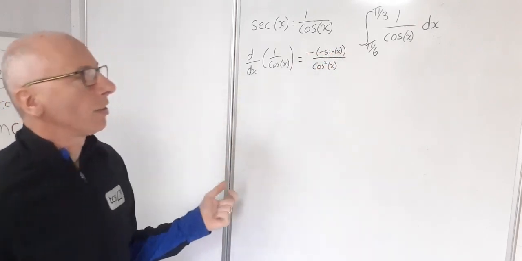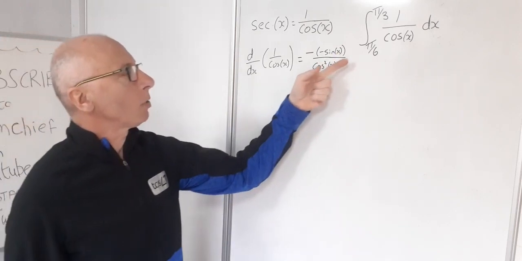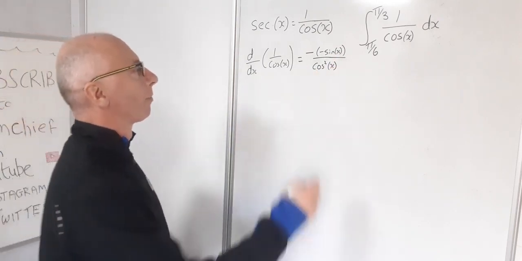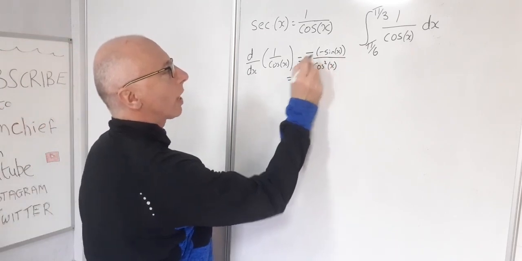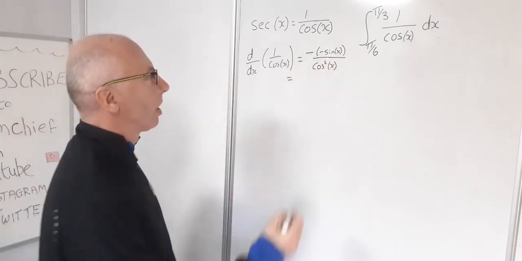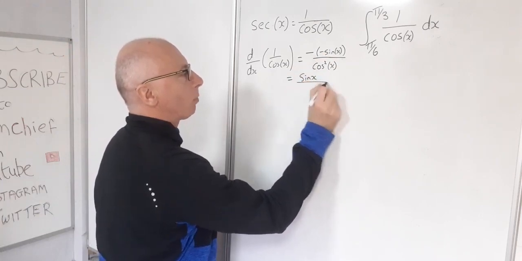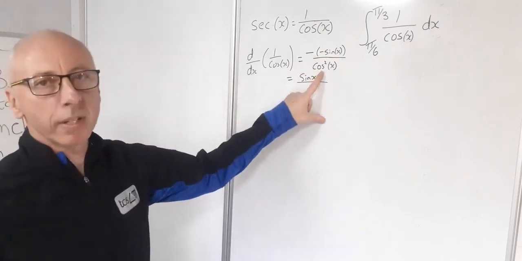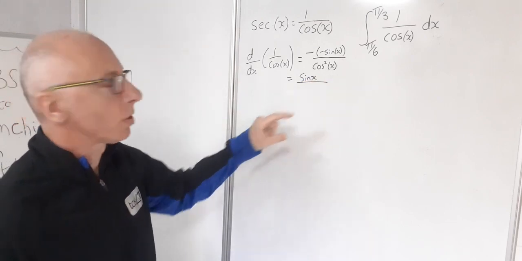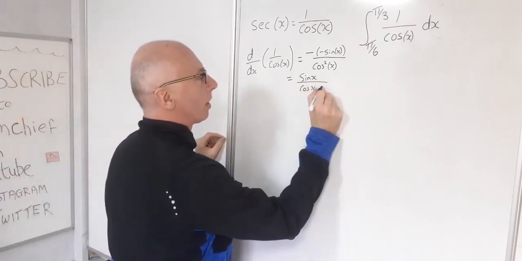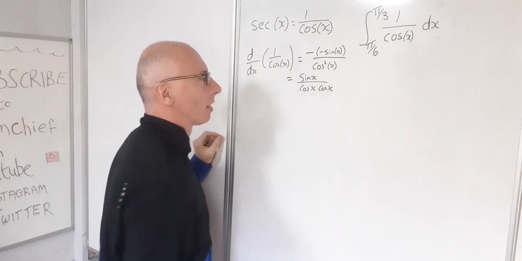So that's our derivative. Now there's a few bits we can do here to clean this up a little bit and make things a little bit clearer. So now we've got two negatives, obviously they make a plus. So now we've got a sine x. And what we could do is split this denominator into two cosines. So now we've got cosine of x, cosine of x.